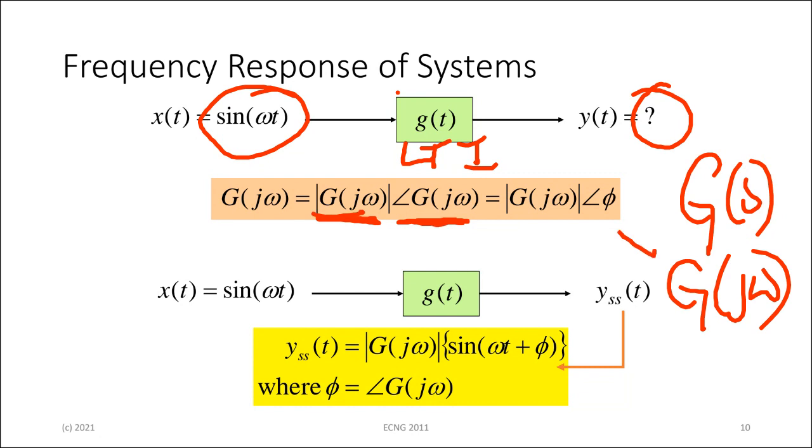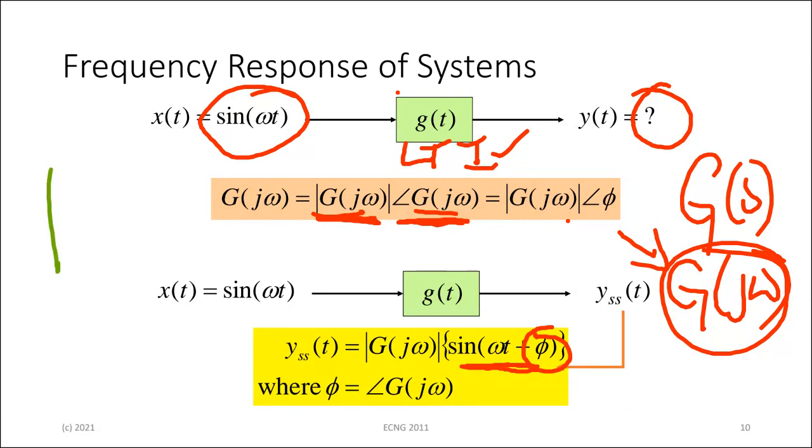When you pass a sinusoid through that, all that an LTI system does is that it takes the input signal, scales it by the magnitude of G of j omega, and shifts it by the phase of G of j omega. So in other words, for the sine going in, what is going to come out will be a sine.